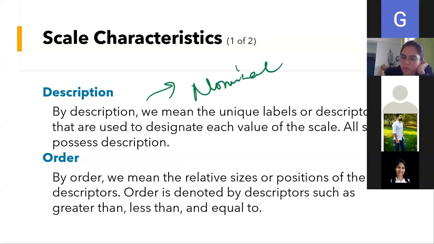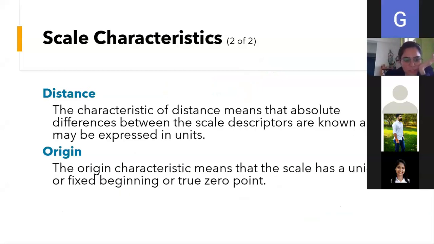And ordinal has nominal plus ordinal, both this order quality. And third is distance. The characteristic of distance is in interval. And the origin, that is the true zero point, is in ratio scale.